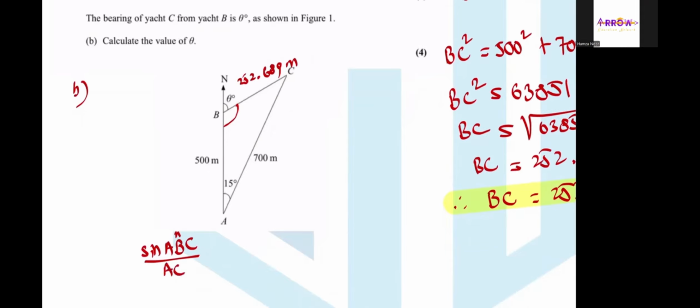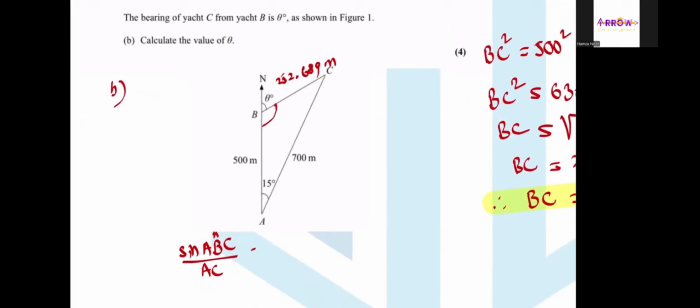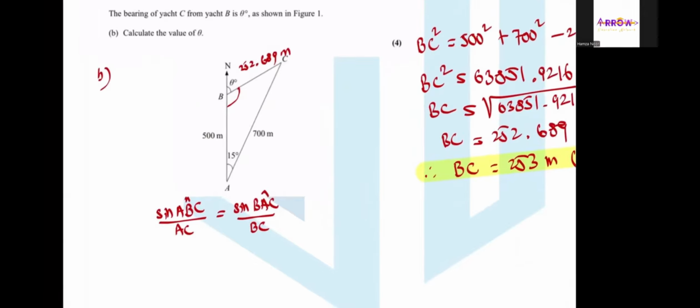The length AC is corresponding to the obtuse angle ABC, and this equals sine BAC upon this length BC, which we have found in part A. So we can say that sine ABC, or you can just mention sine B, divided by the length of AC, which is 700, equals sine 15 divided by the length of BC, which is 252.689 meters.